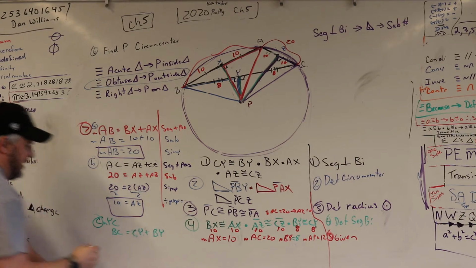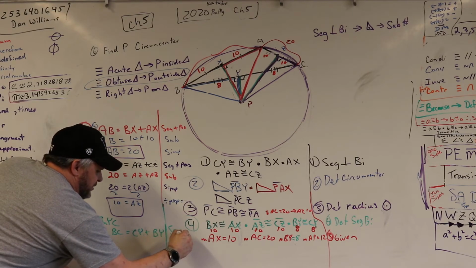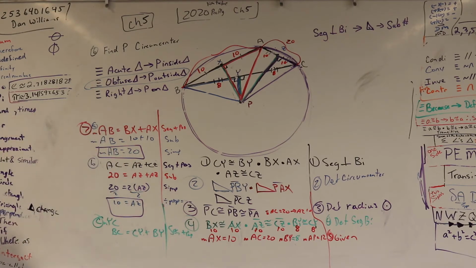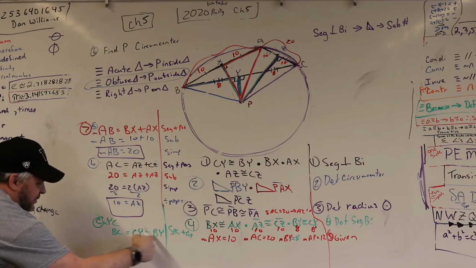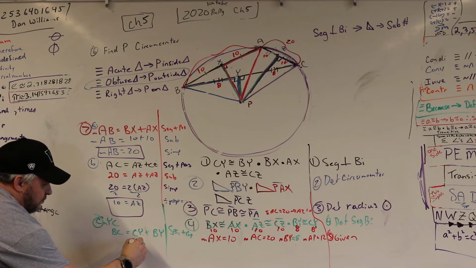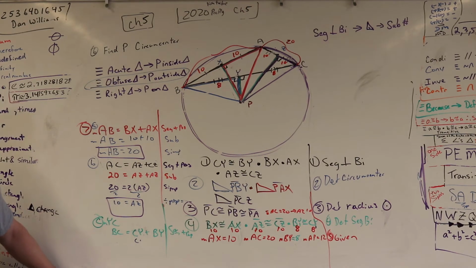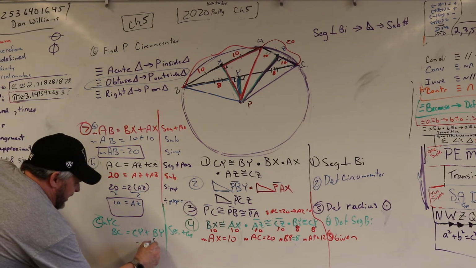We also know that, so this is, again, segment addition postulate, right? And then we know that these two are congruent, right? So since C, which one do they give us? CY? Is that the one they gave us? No. BY? Yeah, BY. So BY was 8, right?